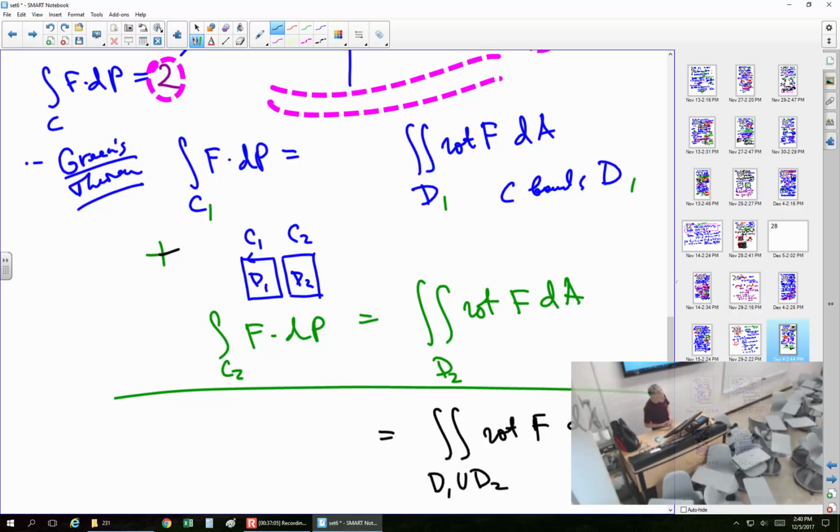On the left, it's slightly more complicated, but well, maybe you can guess what happens. So two integrals. Can you guess what happens on the left? How can I merge these two into one integral?